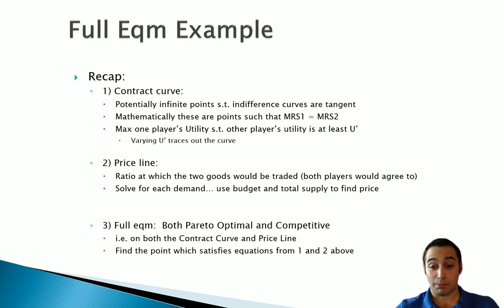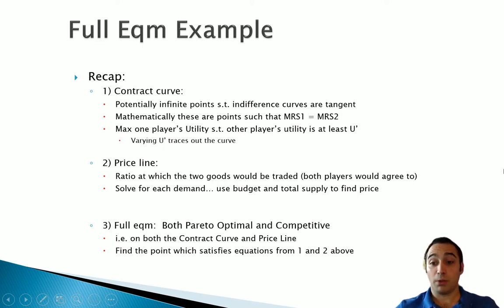So to recap, anytime you have a full Edgeworth box problem and you want to solve for the full equilibrium: 1, find the contract curve. That's going to be where MRS equals MRS for both players. 2, find the price line. In order to do that, you're going to solve for the demand of both players for both goods as functions of price, and then use the total amount of the good on the island to solve for the actual price.